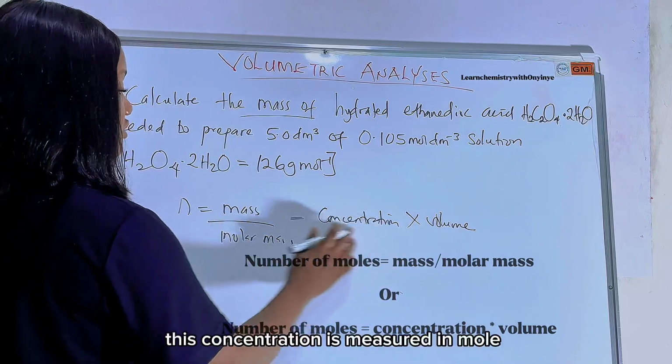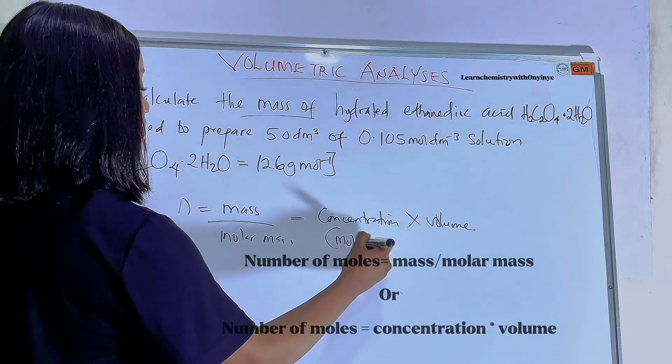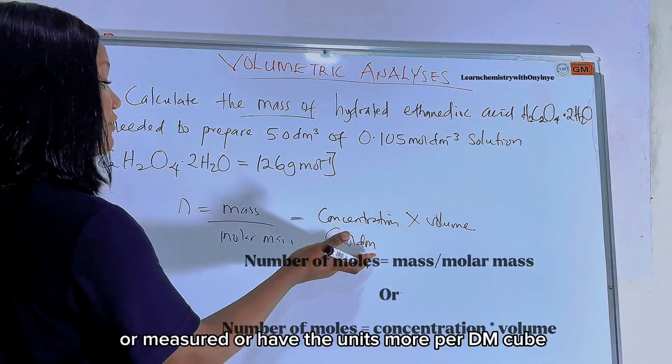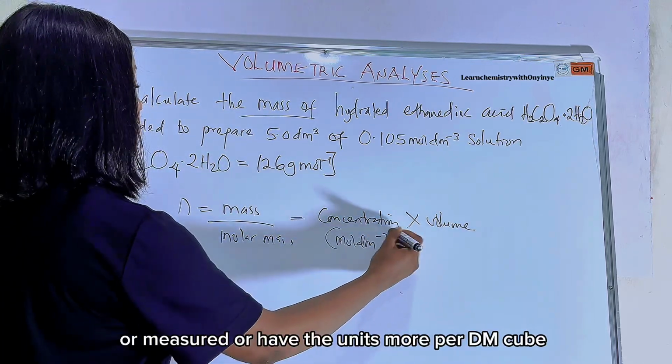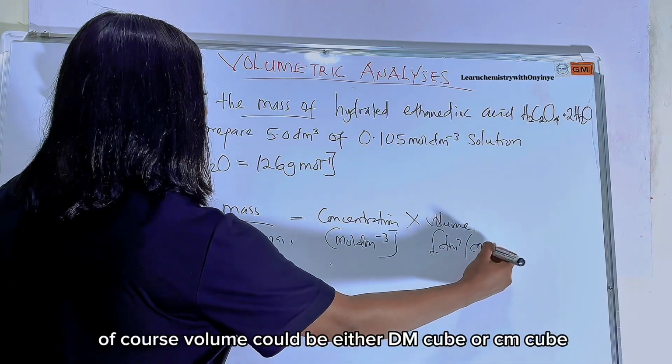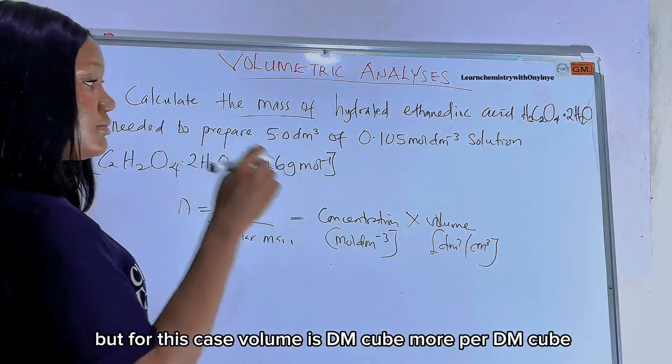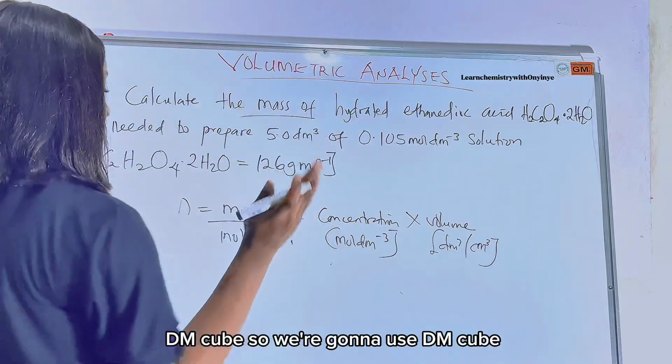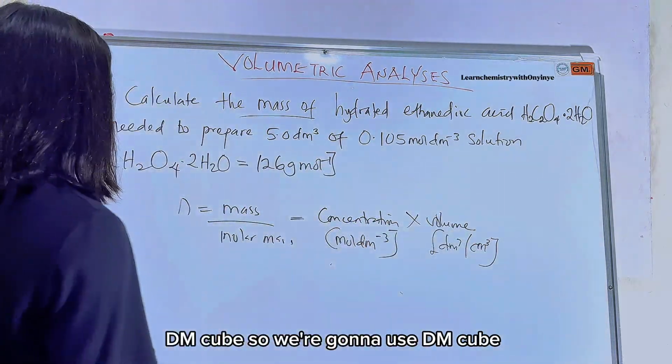Concentration has the unit mole per dm³, and volume could be either dm³ or cm³, but for this case, volume is in dm³.